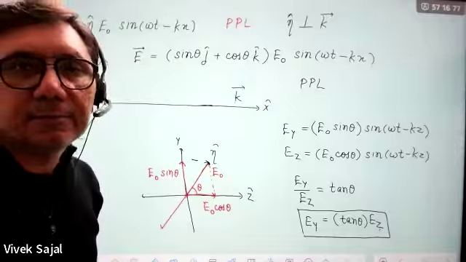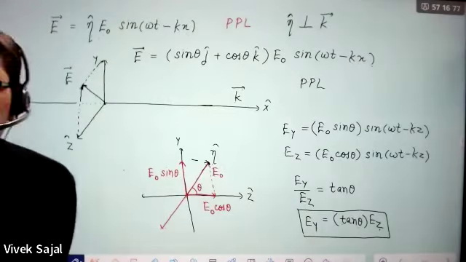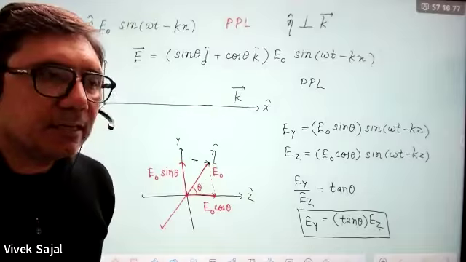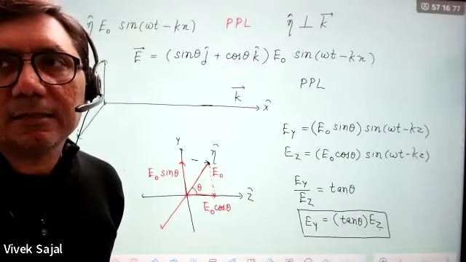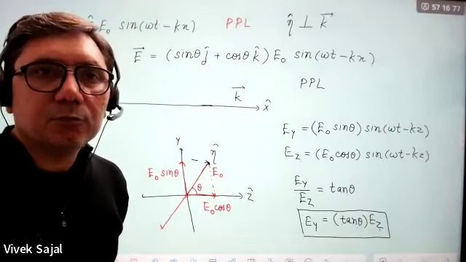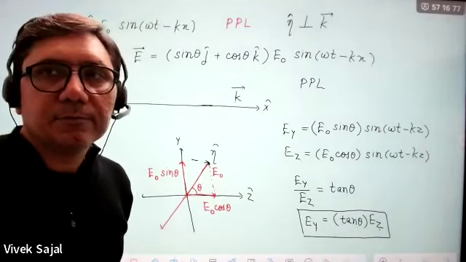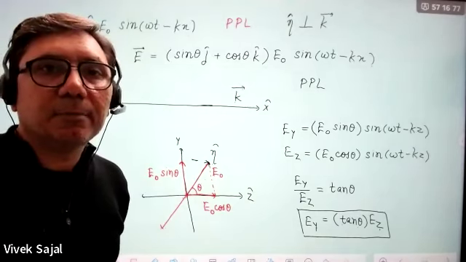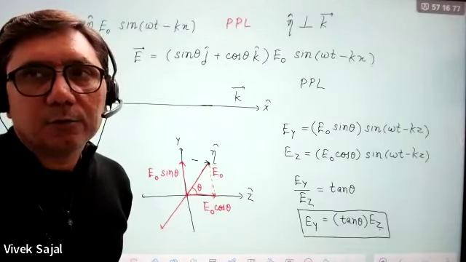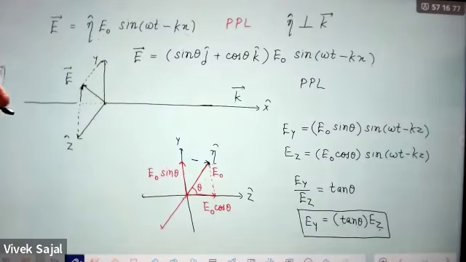From here we can conclude that a plane polarized light can be written as the superposition of two mutually perpendicular plane polarized lights.